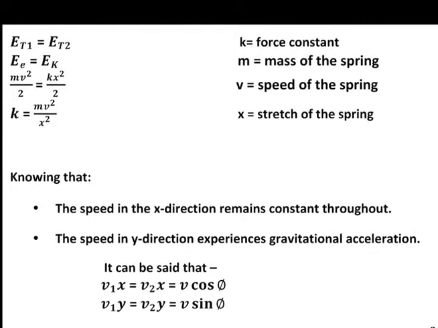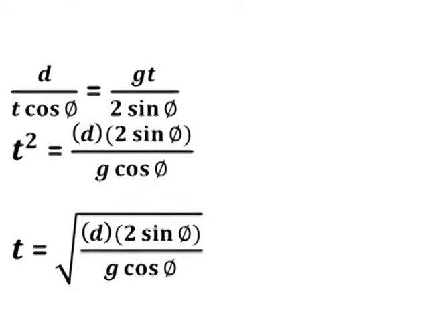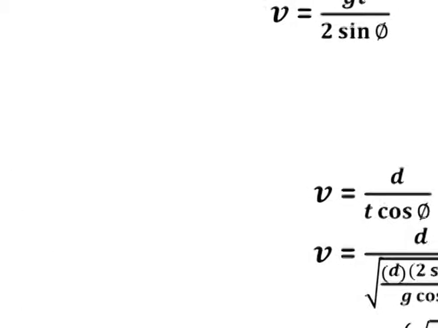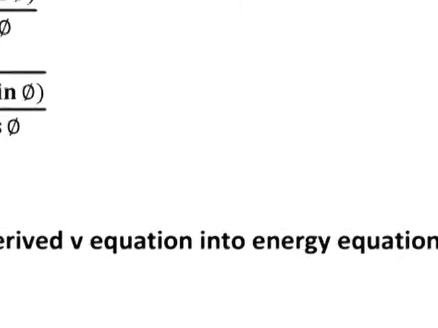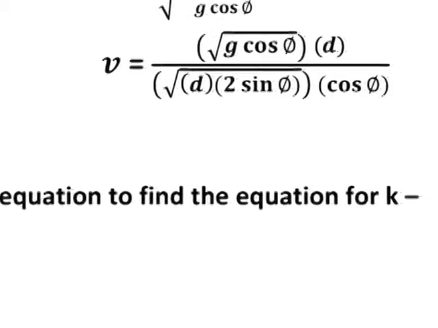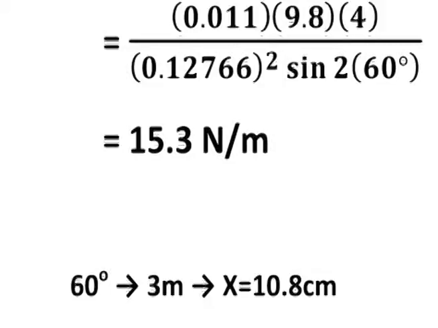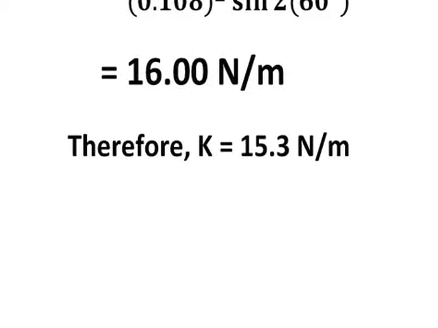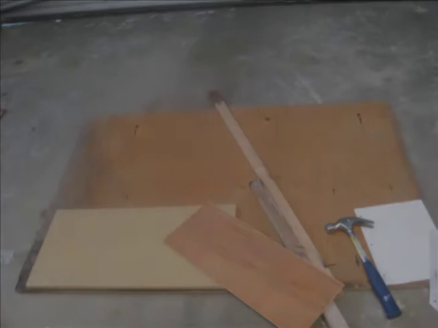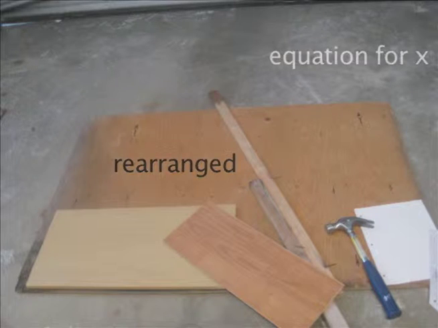Certain equations were combined to derive the equation for K. Therefore, the constant K of the spring was predicted to be 15.3 newtons per meter. The value of K was used to calculate the x values with the given angles and distances. The equation for K was rearranged to derive the equation for x.